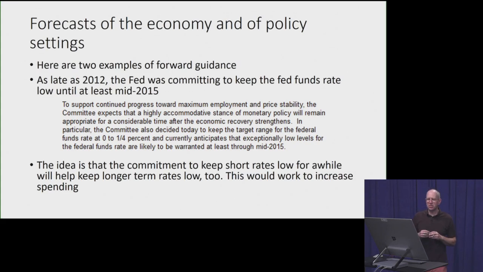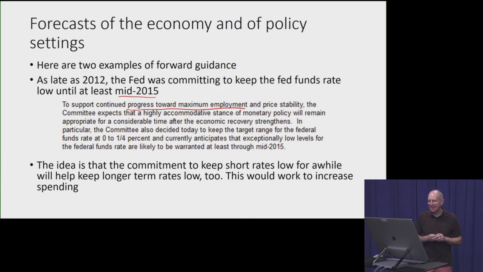So let's do two specific examples of forward guidance. As late as 2012, the Fed was committing to keep the federal funds rate low for roughly 3 years. Note the verbiage here: to support continued progress toward maximum sustainable employment. So they're trying to get us toward long-run aggregate supply.